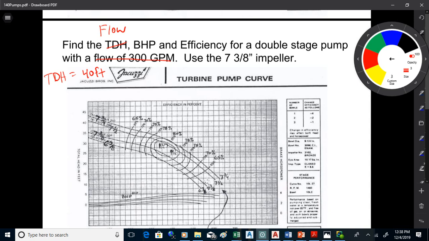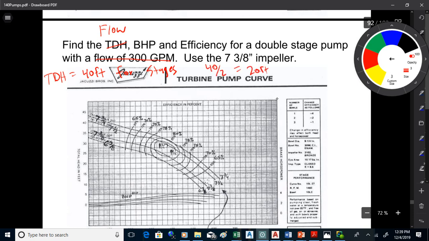Now here's how this is going to work. A multi-stage pump is like pumps in series. The flow doesn't change, but the head does. What this pump curve does is tell you what each stage individually does. So if you're looking at 40 feet for 2 stages, you have to divide that by 2.